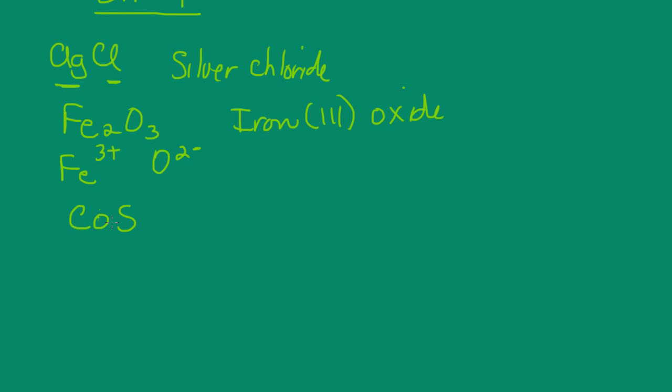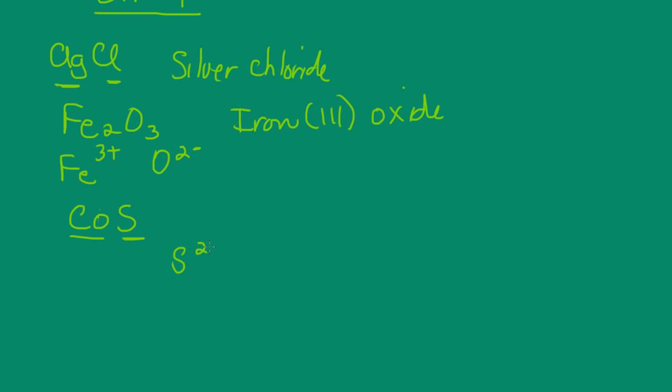Let's try one more. Our metal here is cobalt, and our nonmetal is sulfur. And so this is an ionic compound formed from cobalt cations and sulfide ions. So now we have to determine the charge. Well, cobalt is one of those elements that form ions of more than 1 charge, but we do know that the sulfur has a -2 charge.